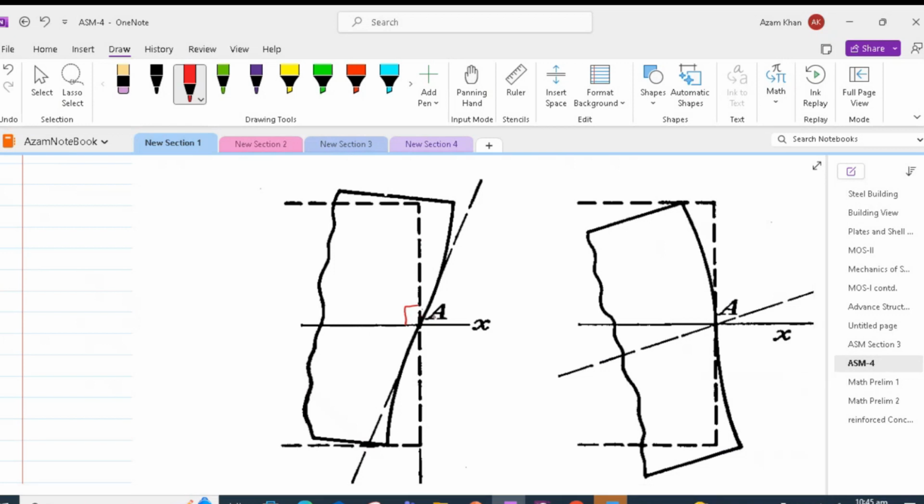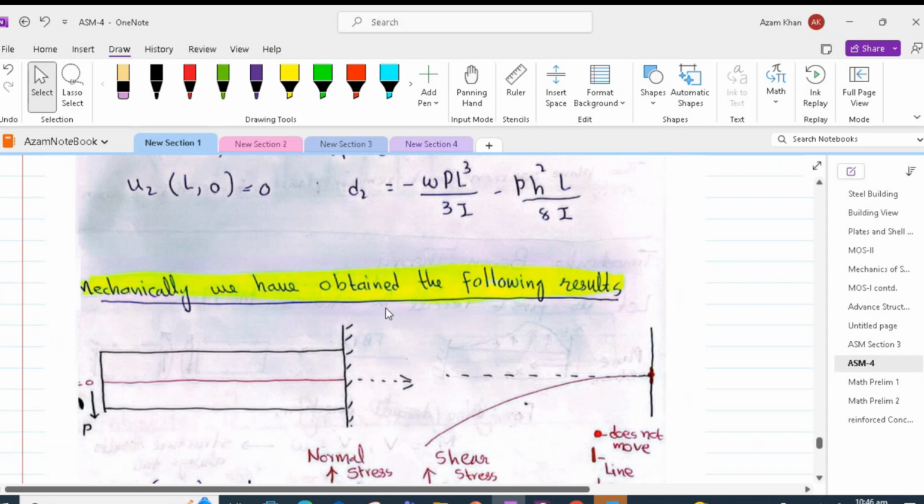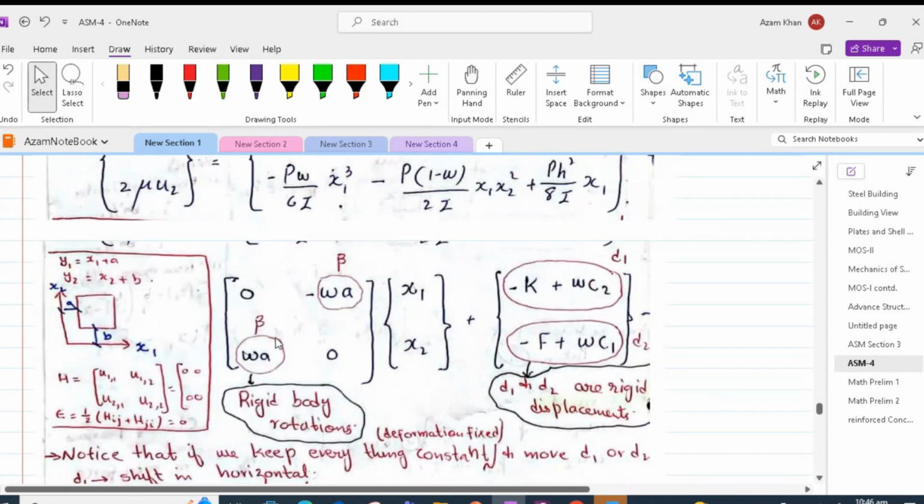The engineer's beam theory assumes that plane sections remain plane, and in addition to that, they always stay perpendicular to the neutral axis. However, the theory of elasticity allows this plane section to become curved, and correspondingly, this section does not remain perpendicular to our neutral axis, as we can see over here. This is because of the assumption we made for satisfying beta, d1 and d2.